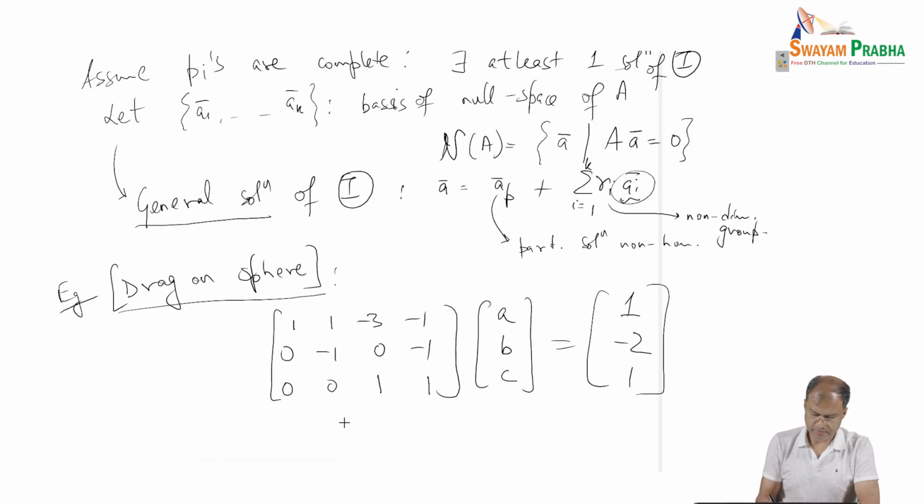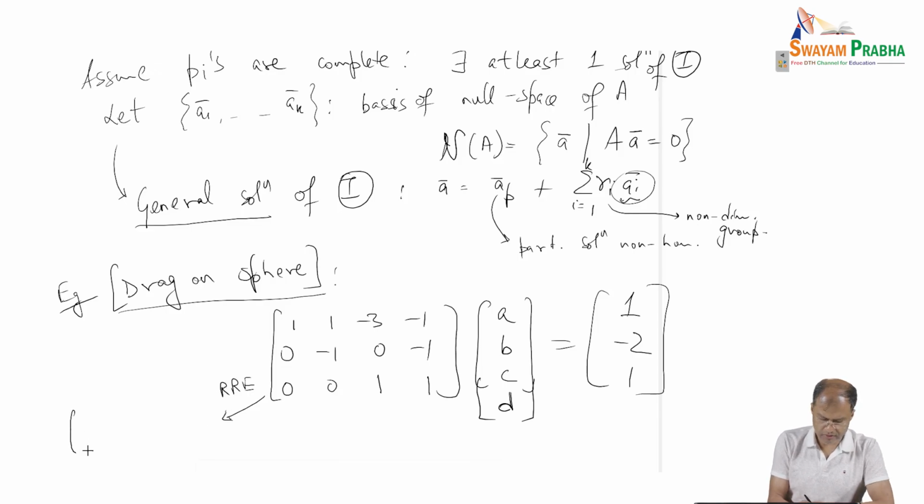This is a 3 cross 4 matrix, so we will have a fourth unknown which is D, and from here we can do a row reduced echelon form of this matrix. The new matrix comes out to be 1 0 0 1, 0 1 0 1, and 0 0 1 1, with the right hand side 2 2 1.